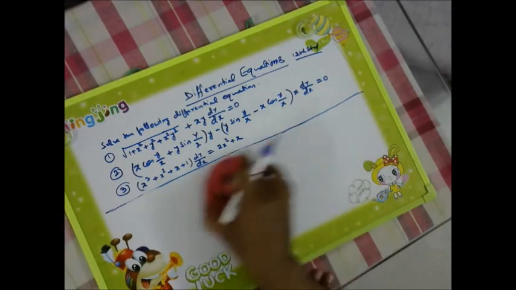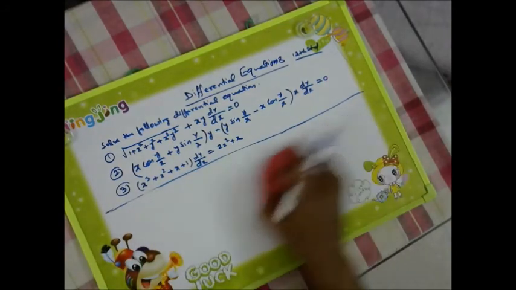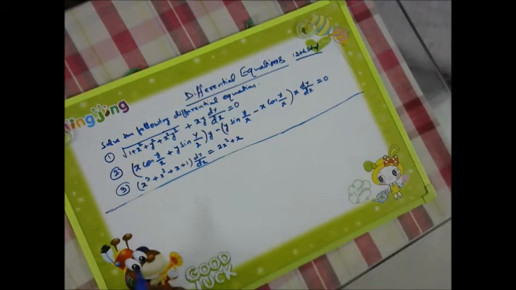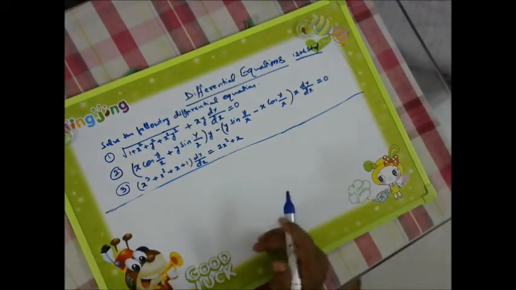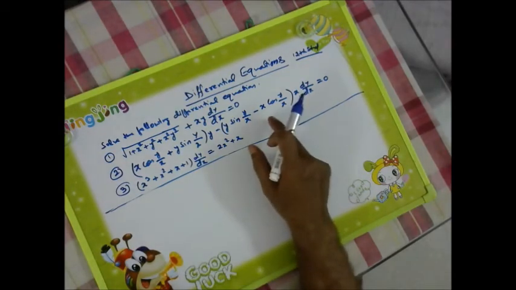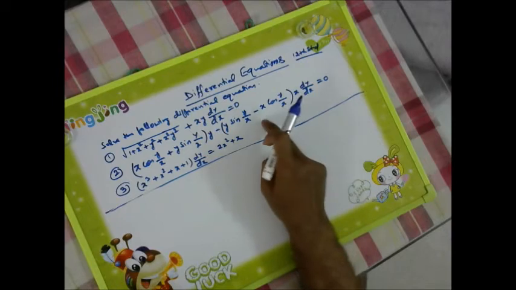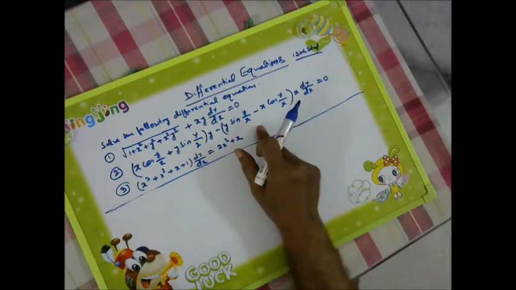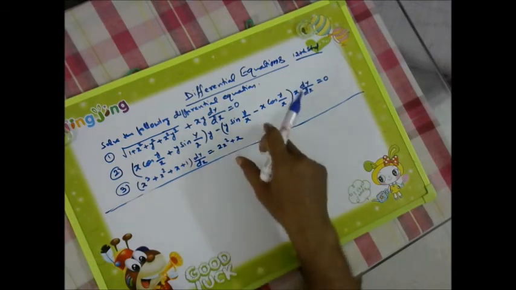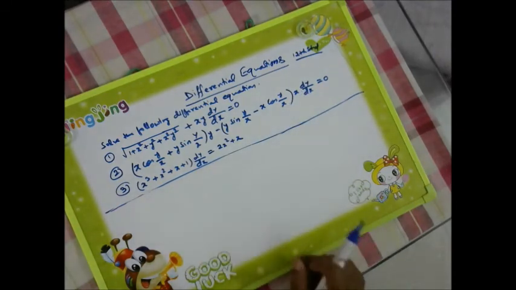I hope that our students will get good clarity, because in differential equations easy questions are also there, which we have already solved. The difficult question is this one only, and certainly in the examination in a 5 marks question this type of question will be coming.